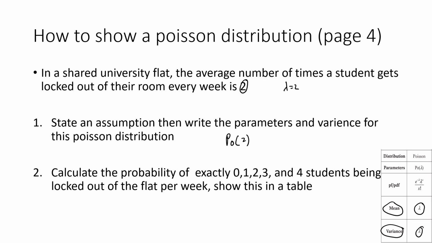Well, let's use the formula. It's a pretty scary formula, but we've got calculators. It's fine. So we have the value of x first, which is 0, 1, 2, 3, and 4.